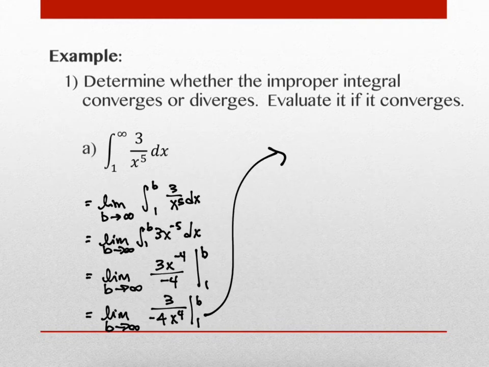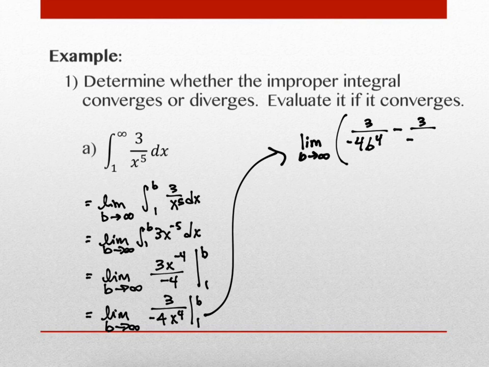We're going to keep writing the limit as b goes to infinity, and we're going to take the b and plug it in for the x. It looks just like what we would do if it were a number there. So I have 3 over negative 4b to the fourth. Everybody good? And then I do the same thing with the lower limit, the number 1. I have minus 3 over negative 4 times 1 to the fourth.